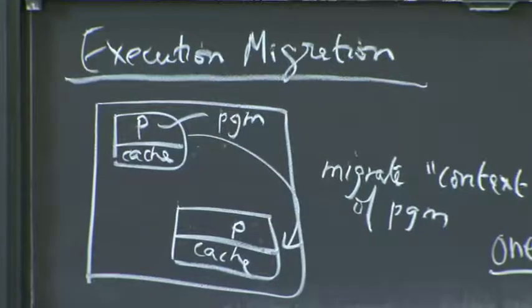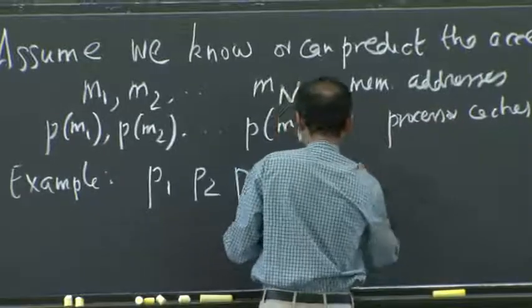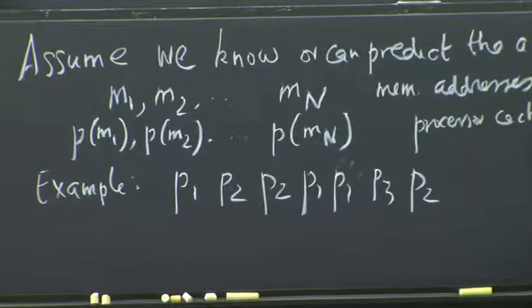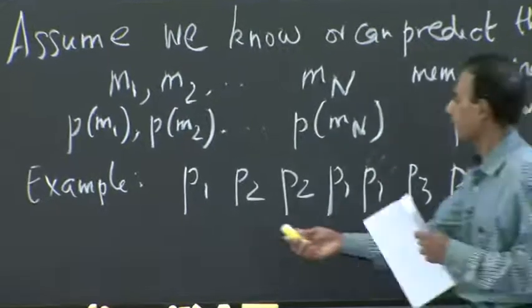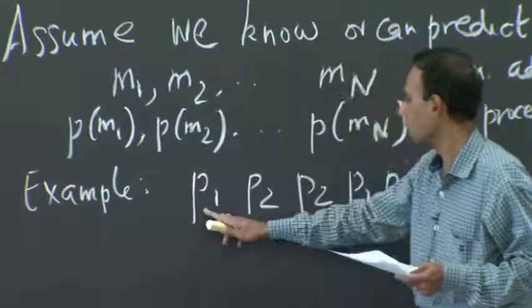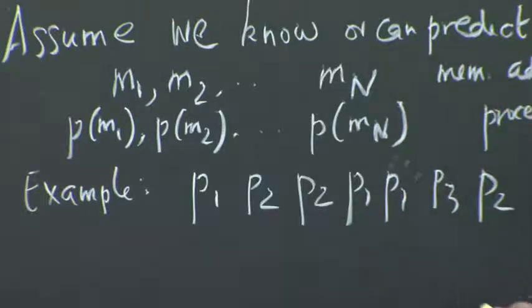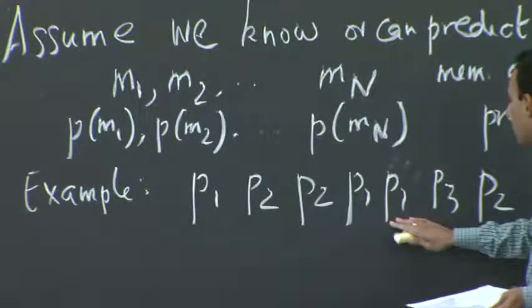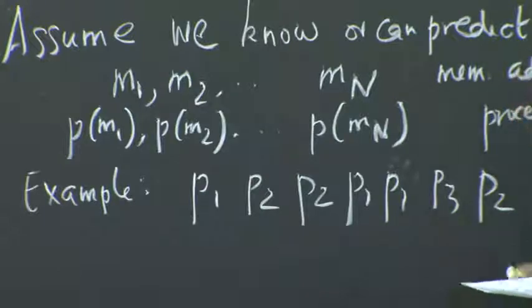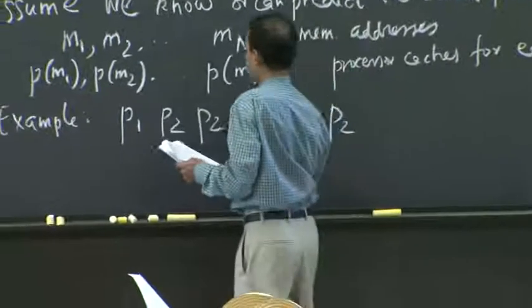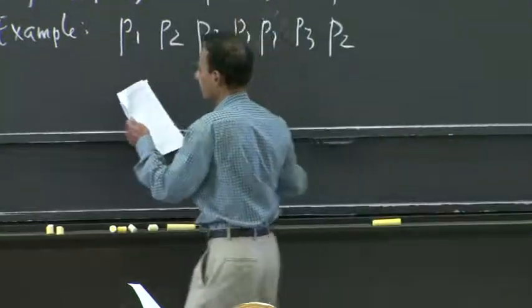And then the next one, you want to access memory in processor 2, and so on and so forth. So you might see something like that. So the sequence of memory addresses, if you're sitting on processor 1, this first one is local. And then after that, you want to access processor 2's memory because you're sharing data with it. Then you're back home again to processor 1, and so on and so forth. All right? So that's one example of a setup.